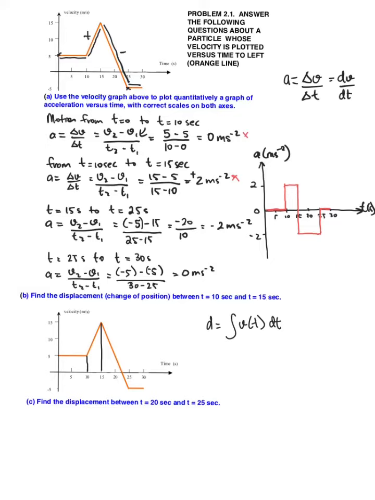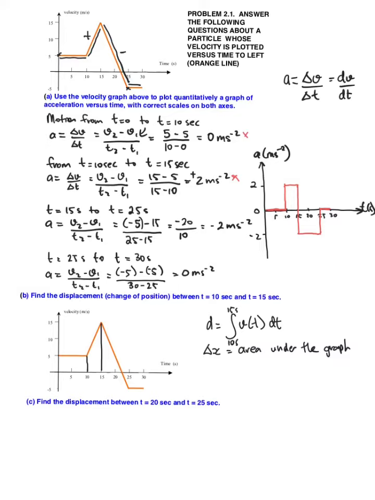All that means is the change in x, so delta x, is equal to the area under the graph. So if we put some limits on the integral, it's between 10 seconds and 15 seconds. So we're looking for the area under the graph between 10 and 15 seconds.